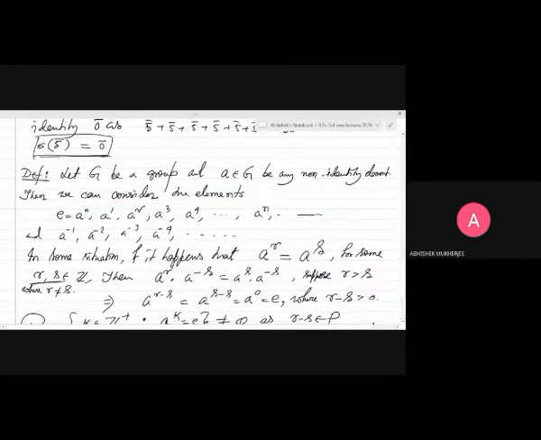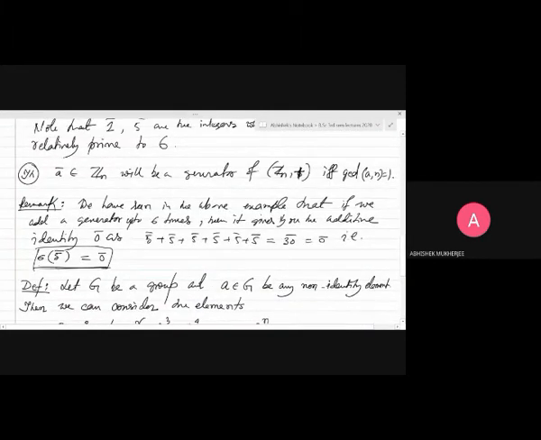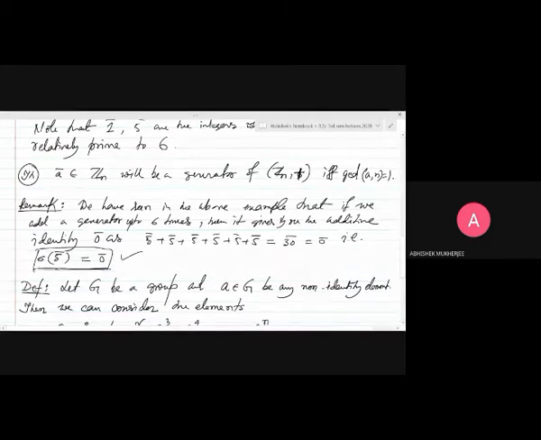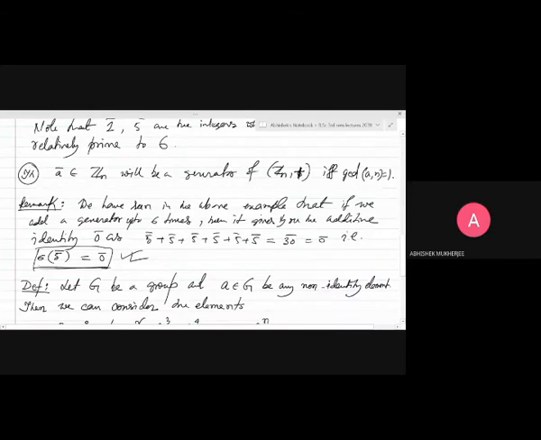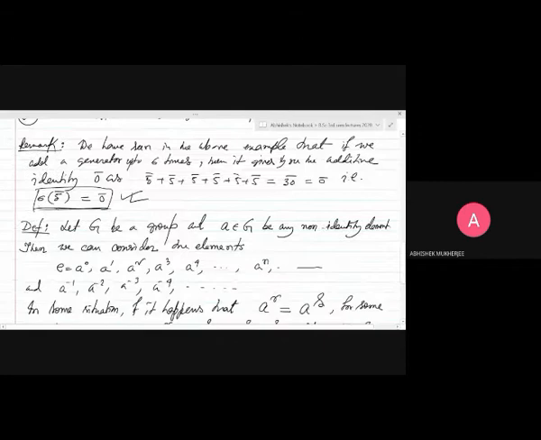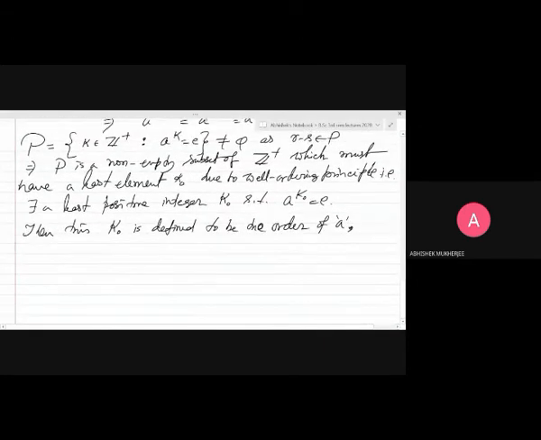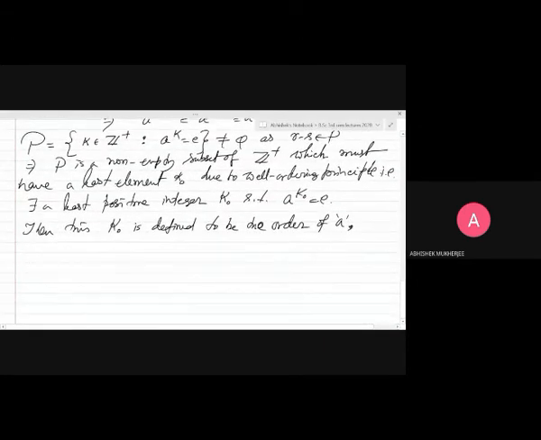For example, in the above example of Z6, the order of 5 class is 6, right? Now, one may say that suppose you do not have any such positive integer.